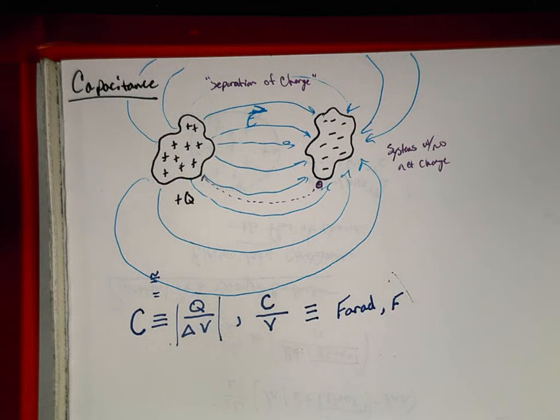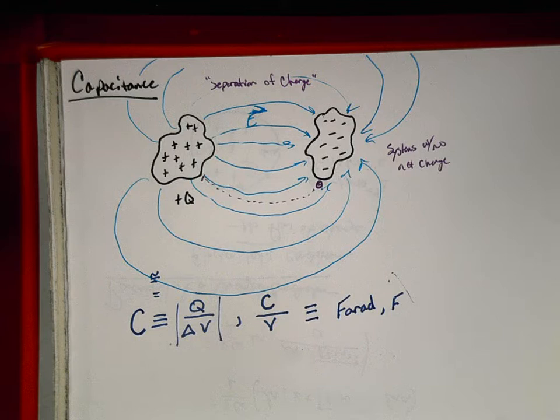If you actually have a capacitor that is exhibiting a 1 farad capacitance, you have stored a ridiculous amount of charge at a very high potential. You're dealing with a whole lot of potential energy there.